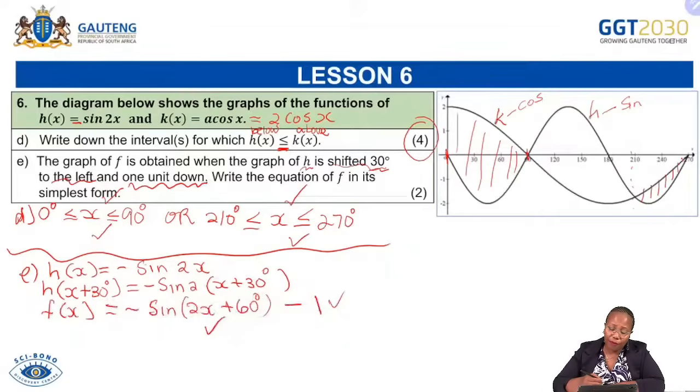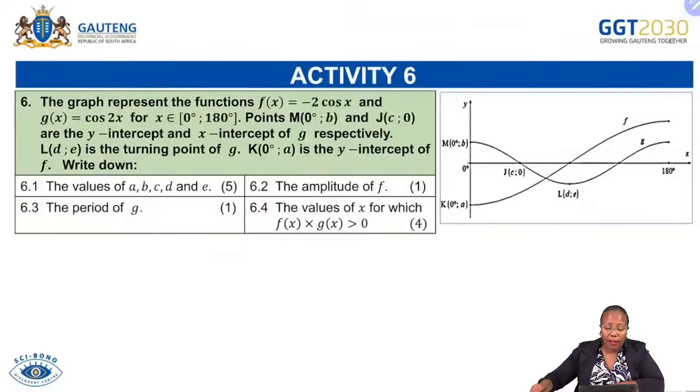And then moving forward, this is our last activity, I think. The graph represents the function f at x equals minus 2 cos x. This is the f function we are talking about, and then the g at x function is that one. Both of them are cosine graphs, drawn only for x in the interval 0 to 180 degrees.